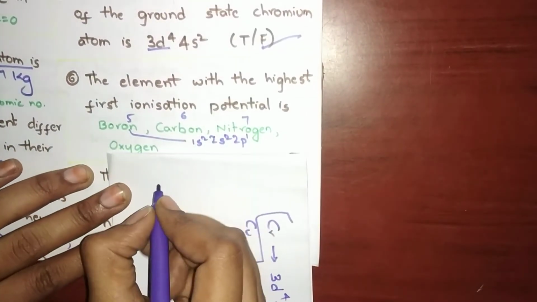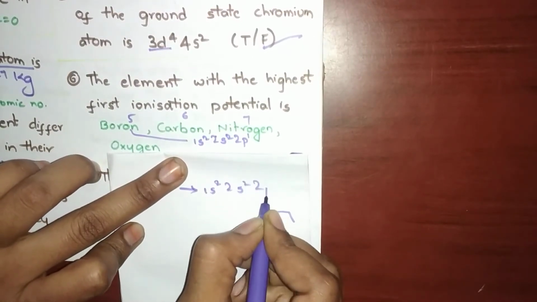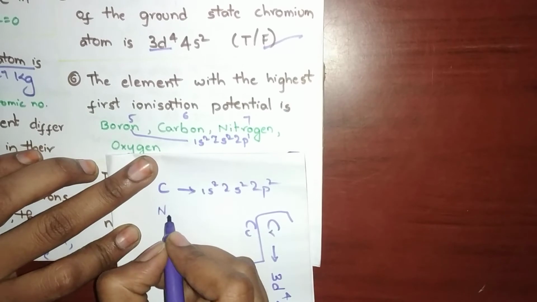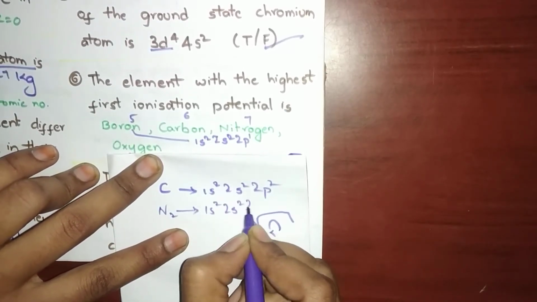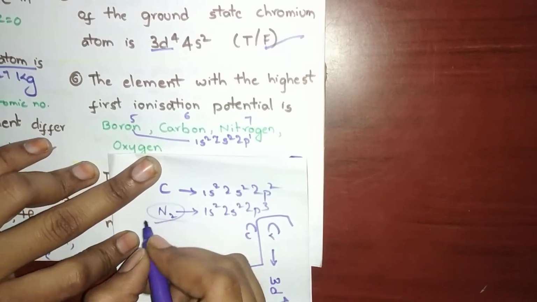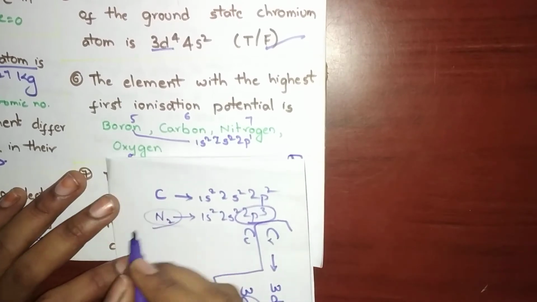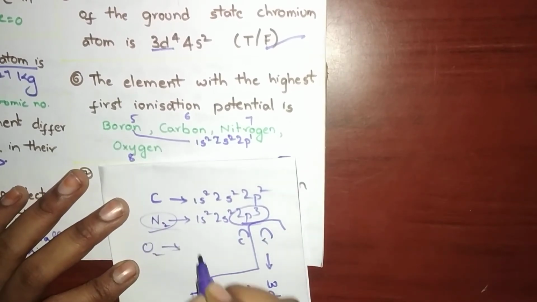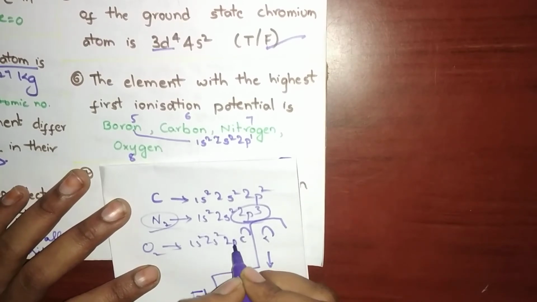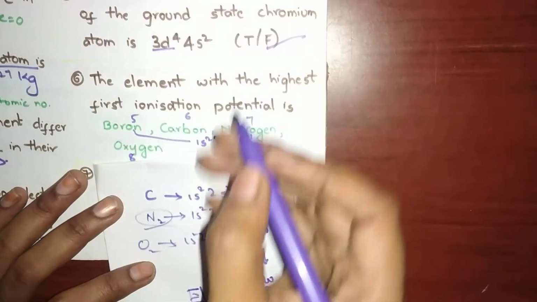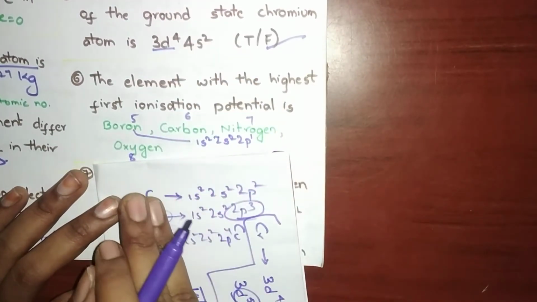For carbon, it will be 1s2, 2s2, 2p2. For nitrogen, it will be 1s2, 2s2, 2p3. For nitrogen, it is half filled. And for oxygen 8, 1s2, 2s2, 2p4. I already discussed that half-filled electronic configuration is more stable.